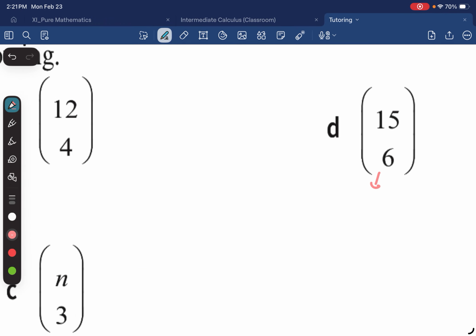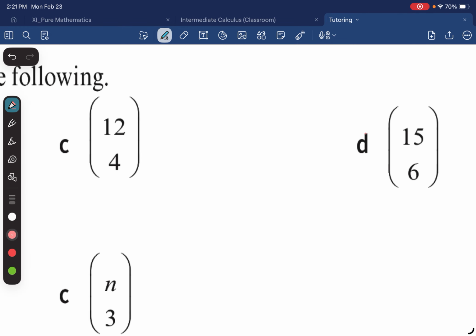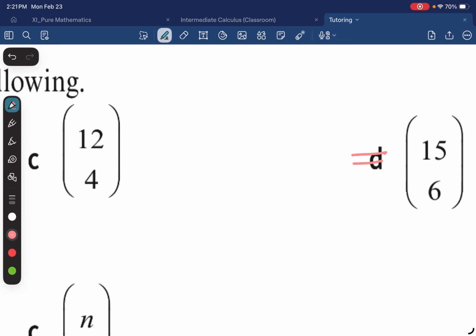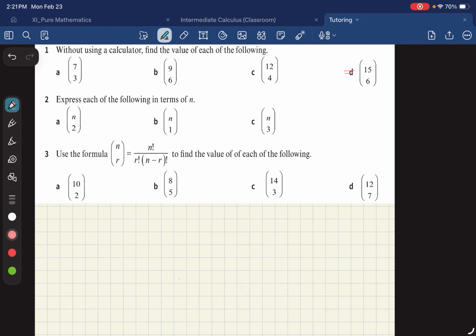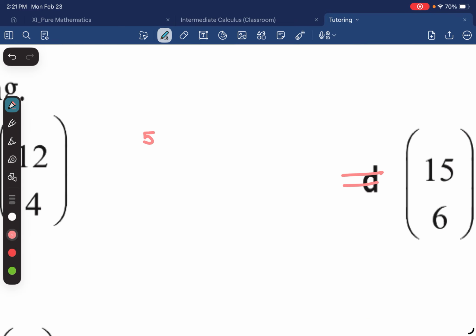So we have 15 choose 6. It asks you to not use a calculator, but you can definitely use a calculator if you ever have to perform it in the exam. So I have 15 times 14 times 13 times 12 times 11 times 10, and that is 1, 2, 3, 4, 5, 6 terms.